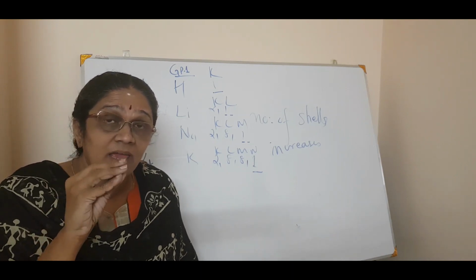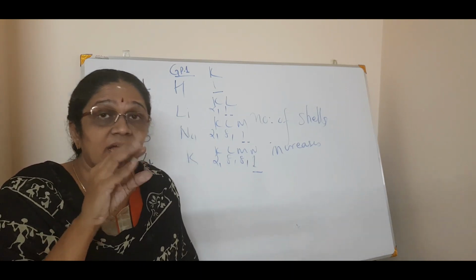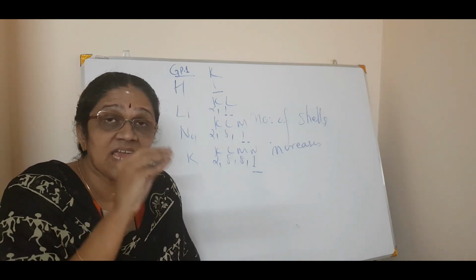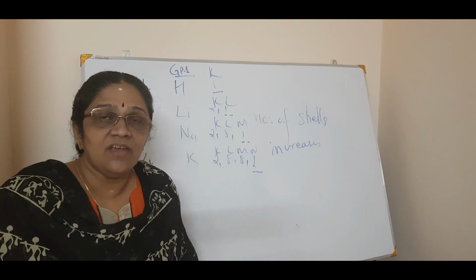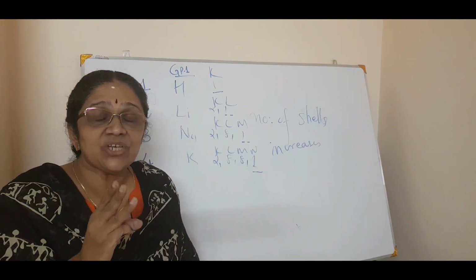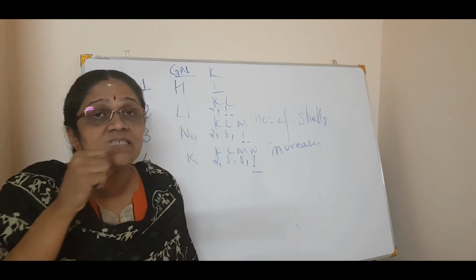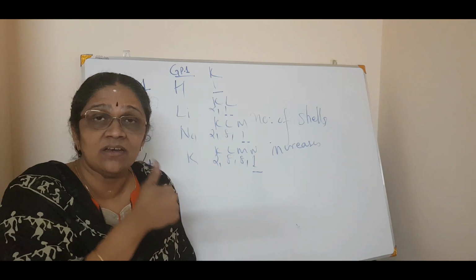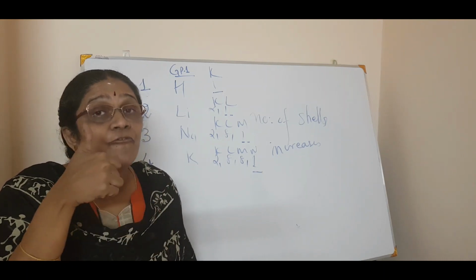In which period, ഏത് പീരീഡിലാണ് എലിമെന്റ് എന്ന് പറയാനായിട്ട് ആ എലിമെന്റില് വാലൻസ് ഇലക്ട്രോൺസ് ഏത് ഷെല്ലിലാണ് എന്ന് നോക്കണം. If it is in the third shell, it will be in the third period. If the valence shell is in the second shell, it is in the second period. If the valence shell is in the first shell, for example hydrogen, it is in the first period.